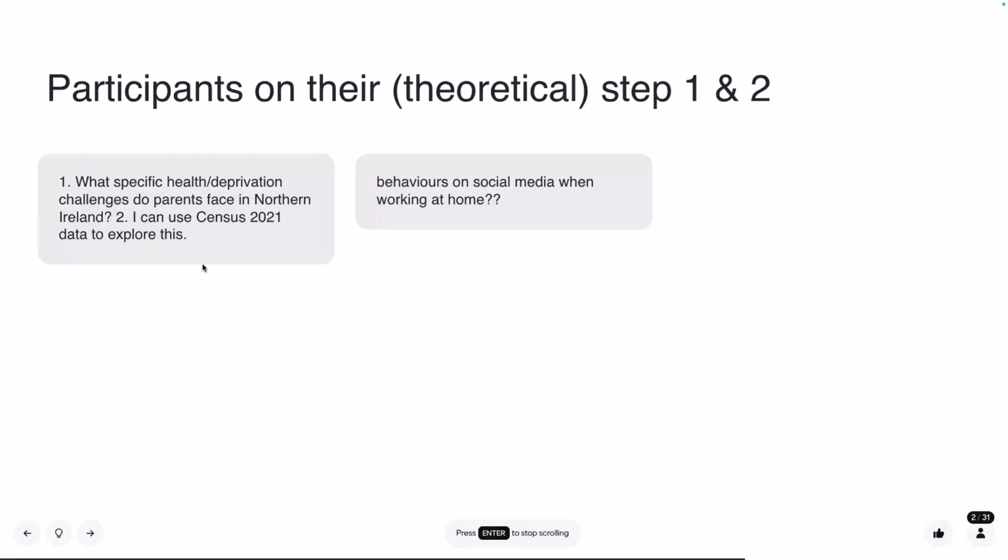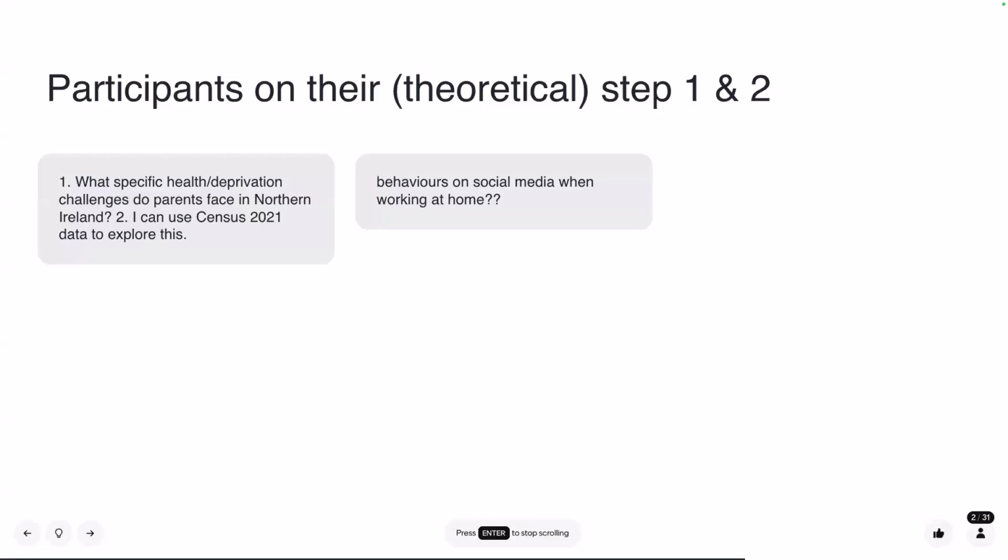So you're going to use census 2021 data to explore this. And we've also got someone who wants to look at behaviors on social media when working at home. Yeah, that would be quite an interesting topic. I wonder whether it's increased a lot since a lot of us now are remote and not at the office. That would definitely be a really interesting topic to look at.